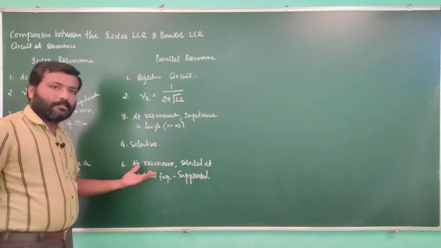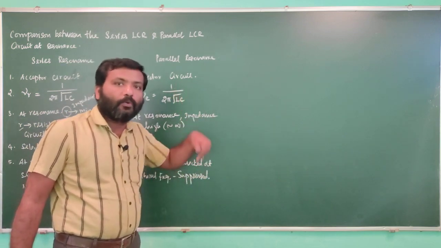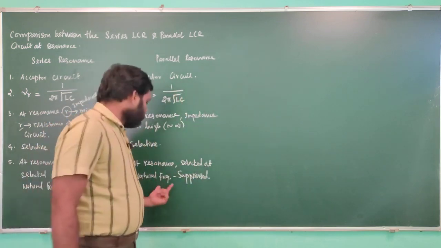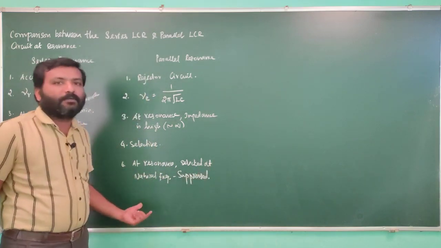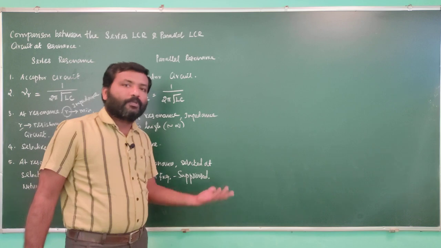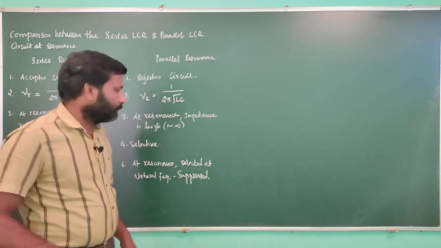This circuit exhibits the maximum resistance, so there is low current delivered in the output for the frequency equal to the natural frequency of the system, so that particular frequency is suppressed.